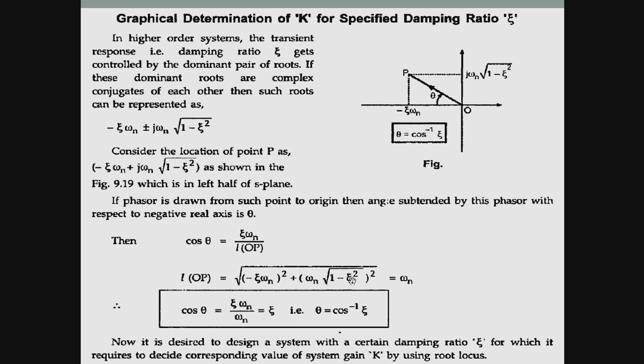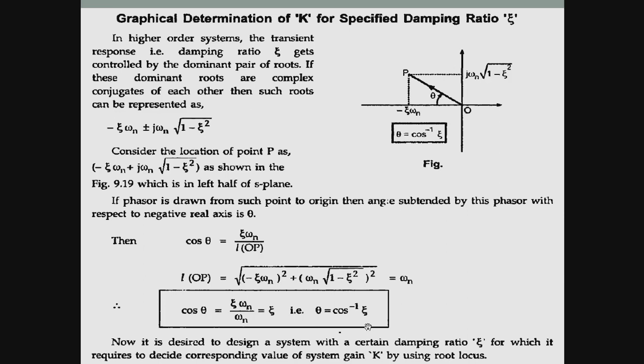So if you take the summation of minus zeta omega n square plus omega n square into 1 minus zeta square, this value would turn out to be omega n. If you just try to calculate it, because if you bring in the values, it will turn out to be omega n.